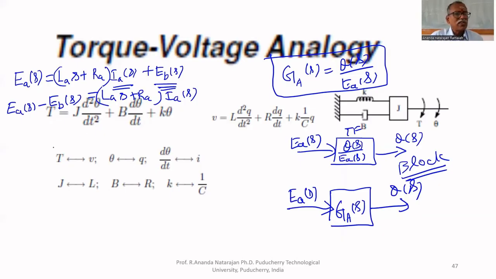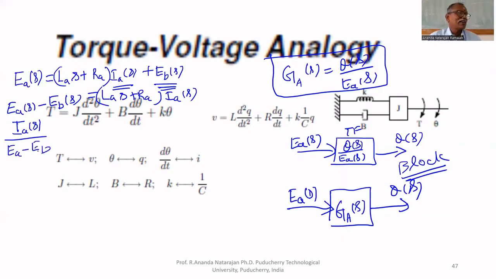If you give EA minus EB as input, it will give IA current. That way I can represent the model. So the output is IA of S, and the input is EA minus EB.